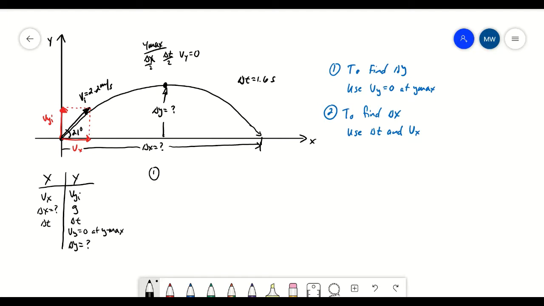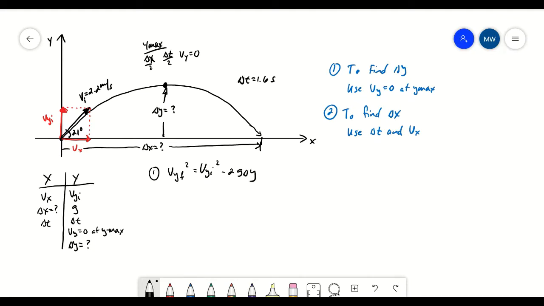So we need to find an equation that has the variables that fit over here in order to find our final height. We actually have choices, but just to show you how to use the trick for y max, we've got Vy final squared equals Vy initial squared minus 2g times delta y.